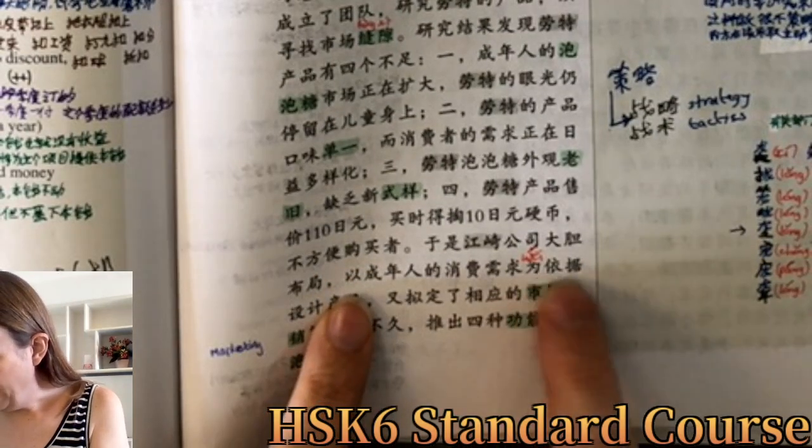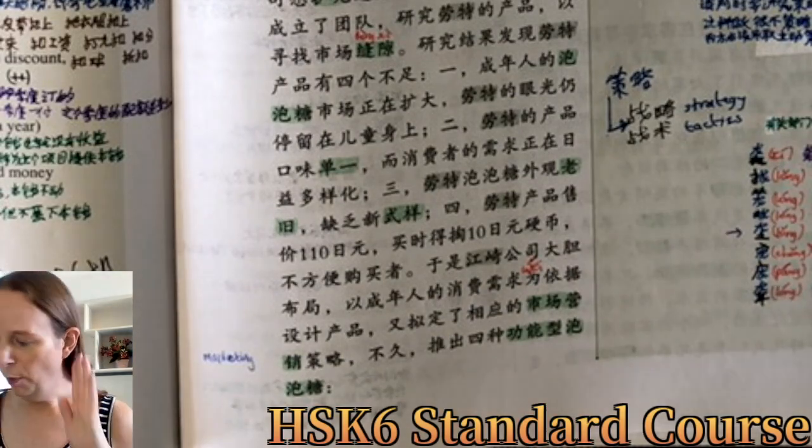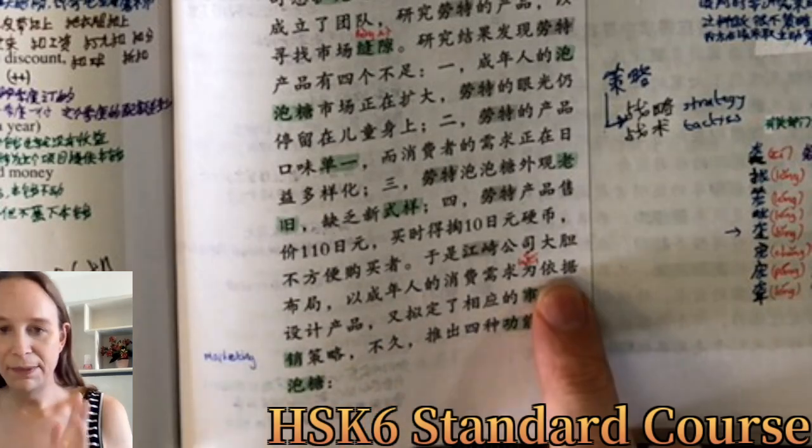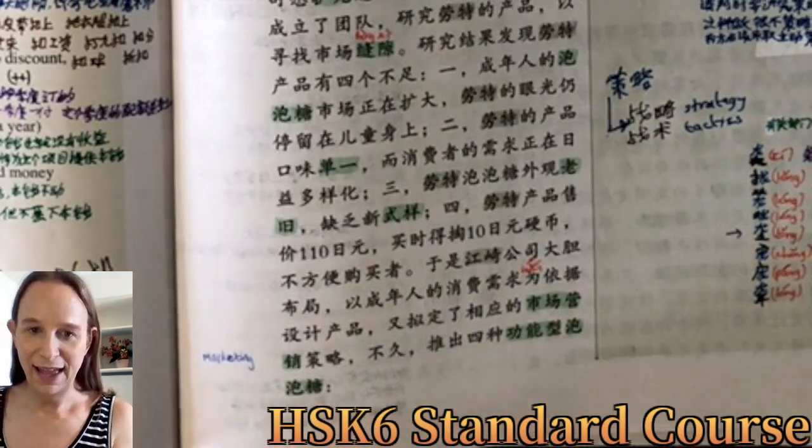以什么什么为依据。以成年人的消费需求为依据。So 依据 is the basis. So we're taking the 成年人 is adults.